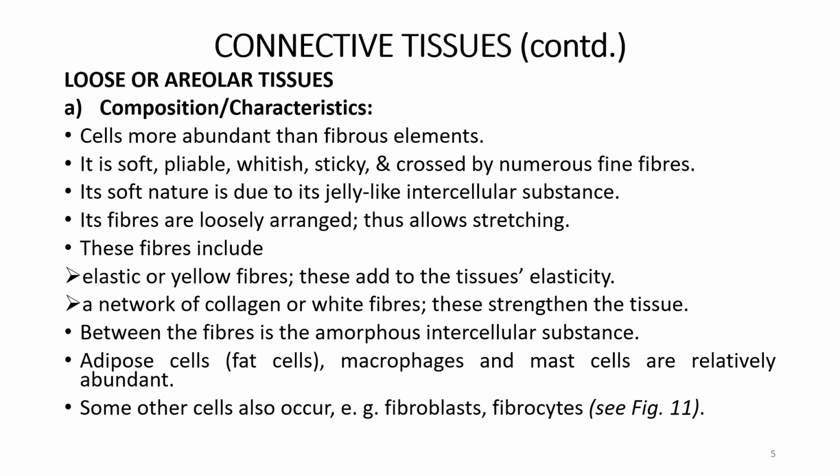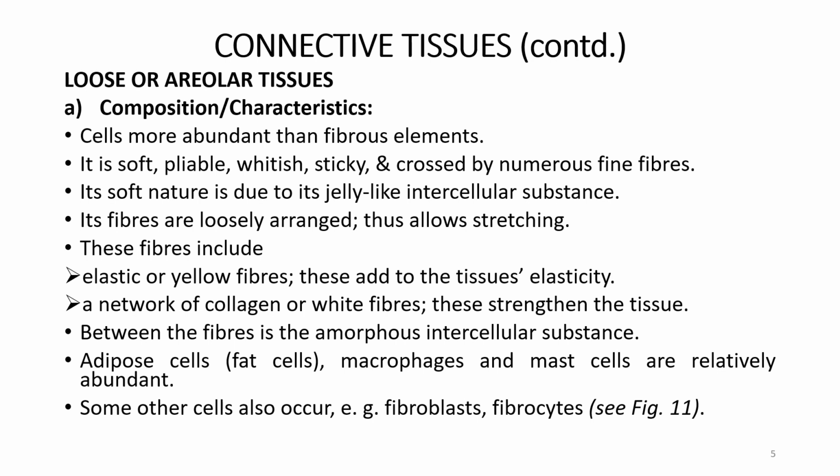Characteristics: here the cells are more abundant than fibrous elements. This type of tissue is soft, pliable, whitish, sticky, and crossed by numerous fine fibers. The soft nature is due to this jelly-like intercellular substance.